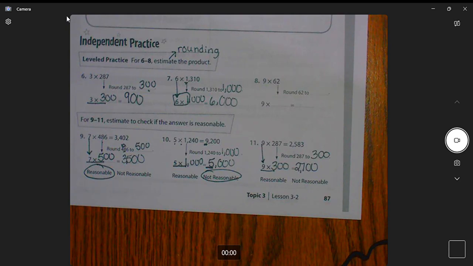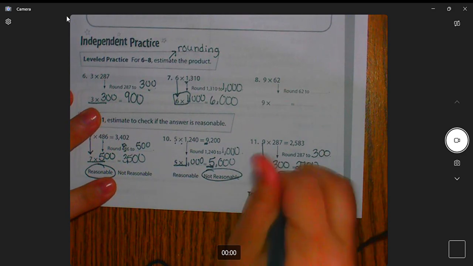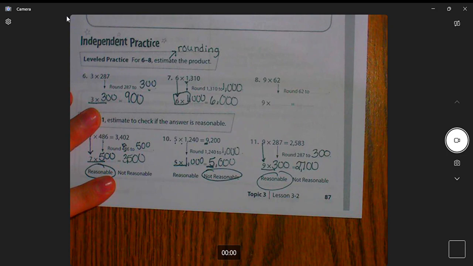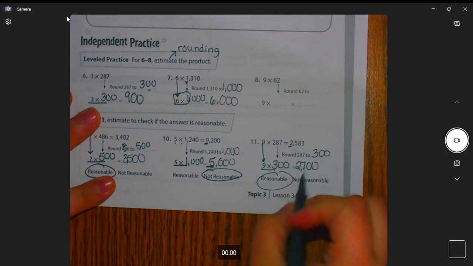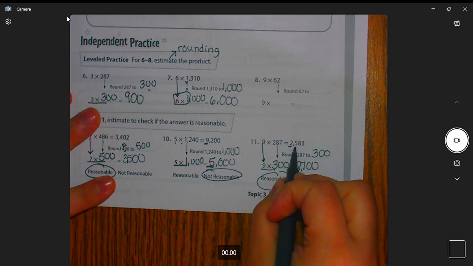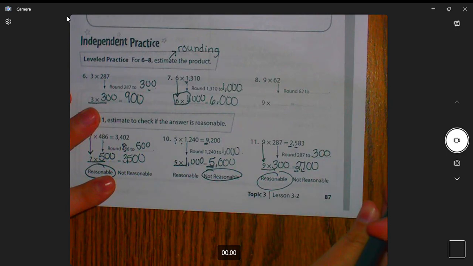What do you think? I think it is a very reasonable estimate because they're both in the same thousands and they're not that far off from each other in the hundreds place.